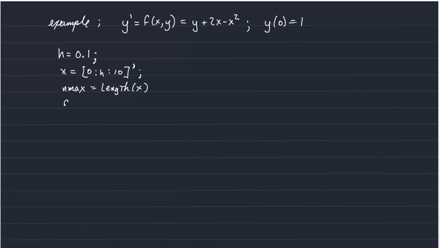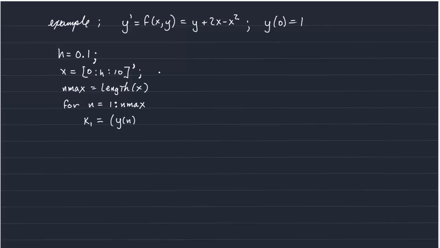And so we could write a for loop that automatically increments n from 1 to n max in increments of 1, right? And then k1 was equal to the slope at the first point, which in this case would be y sub n, or the nth number in a new vector y. Oh, actually I forgot to initialize our vector y.